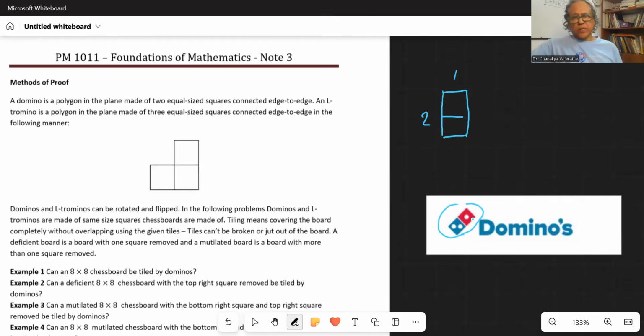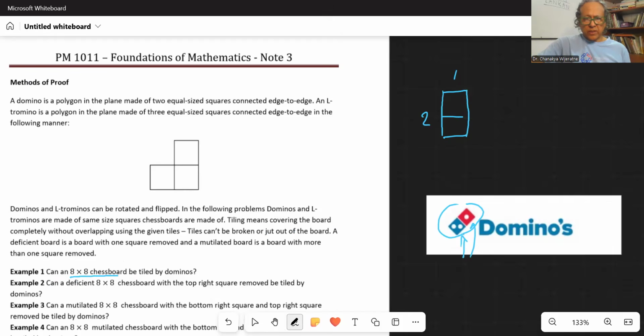Here you can see one dot in one square and two dots in the other square. First we're going to consider tiling by dominoes, and then we're going to consider tiling of chessboards.